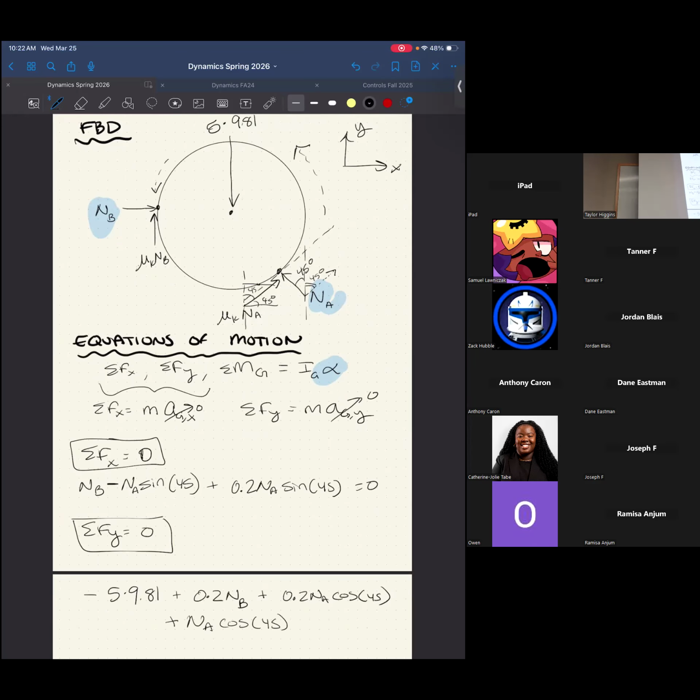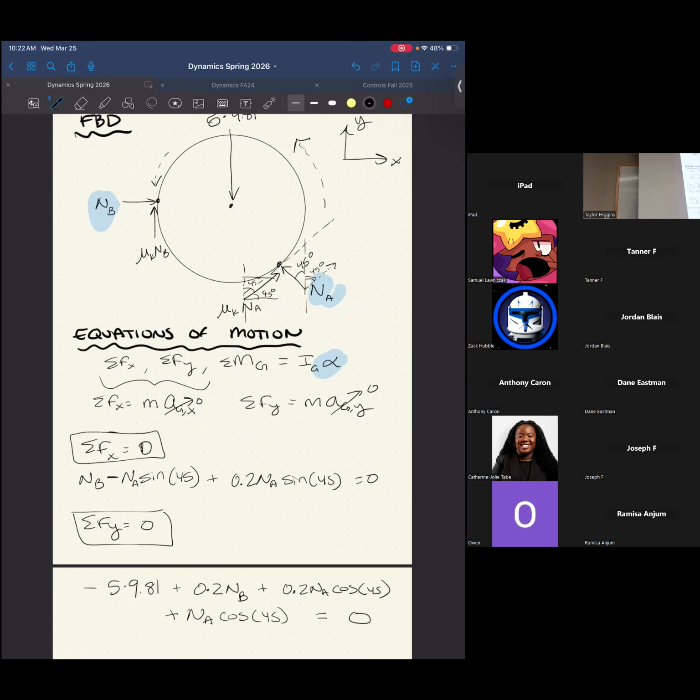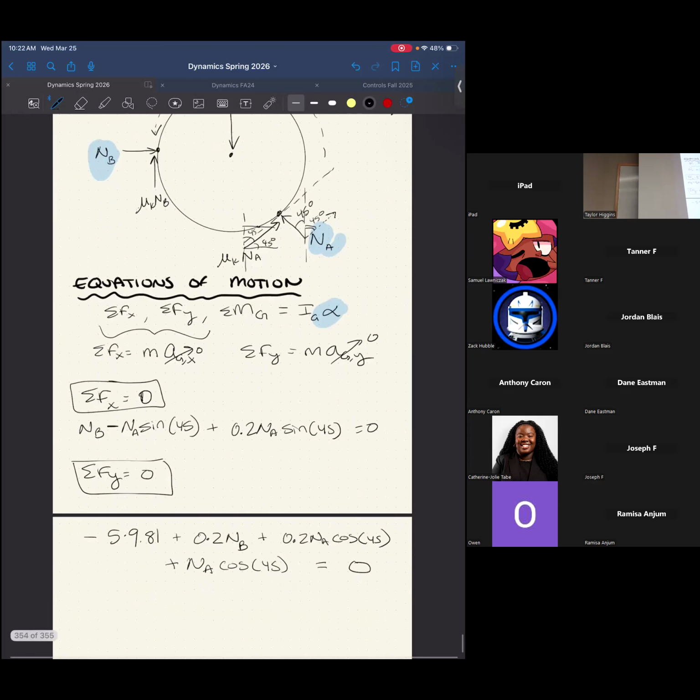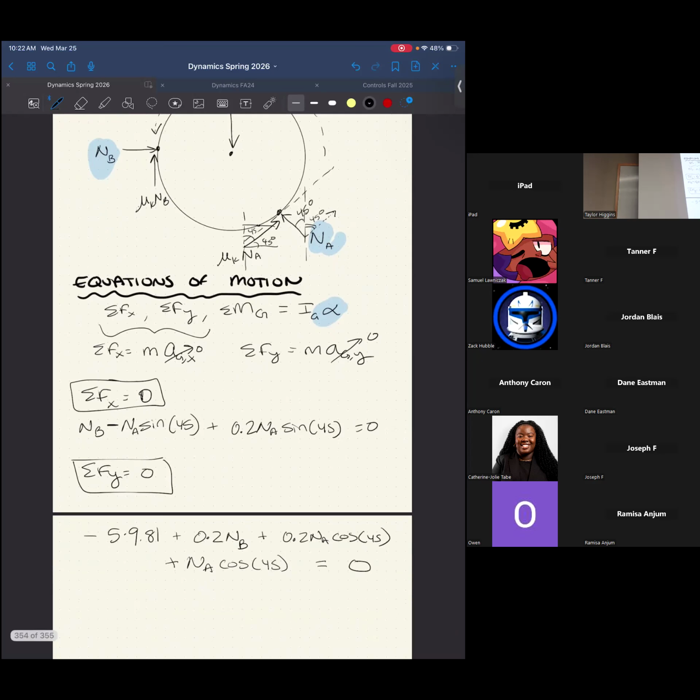This all equals 0. Okay, now I have two equations and two unknowns. So really I could just use these two equations to solve for NA and NB. Why don't you go ahead and do that and tell me what you get?